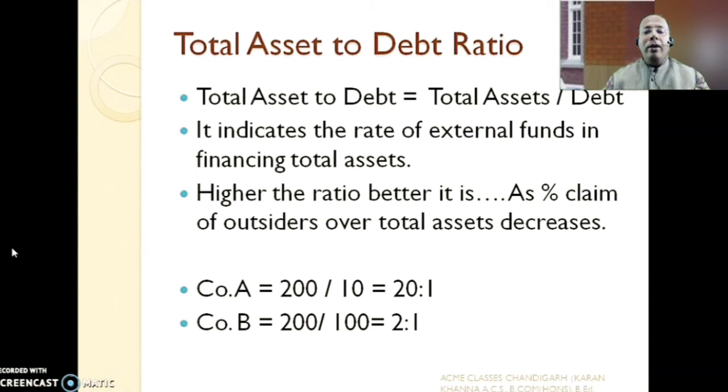Therefore, in case of company A, the financial health is much better because company A has greater elbow room to borrow more money in the future. And in case of company B, it has very little scope to borrow more money in the future as already 50% of its assets are committed towards outside liabilities. Therefore, a higher ratio is better in this case.